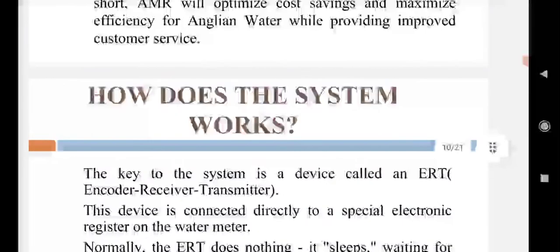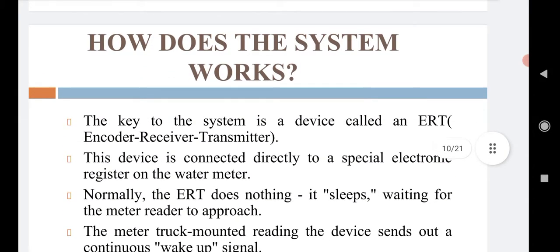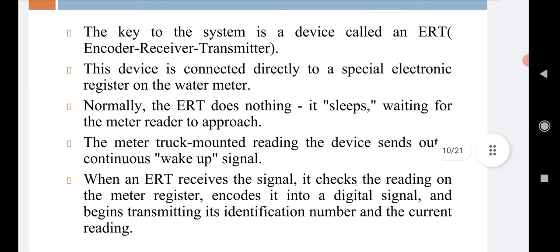Next, how does the system work? The key to the system is a device called an ERT, encoder receiver transmitter. This device is connected directly to a special electronic register on the water meter.